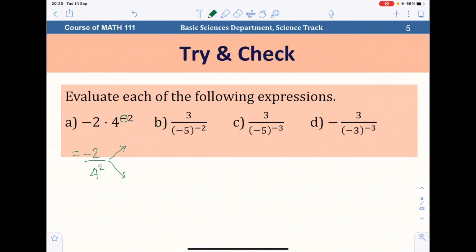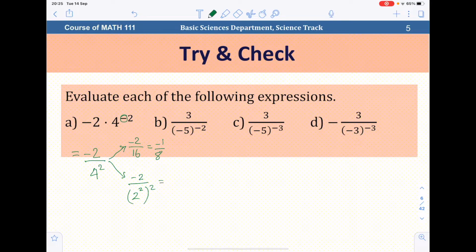You can just find out 4 to the power 2, which is 16, and write negative 2 over 16, and then simplify. 16 divided by 2 is 8, so it would be negative 1 over 8. Or you can write 4 in a power form, so it would be negative 2 over, since 4 is 2 to the power 2, so this would be 2 to the power 2 all to the power 2.